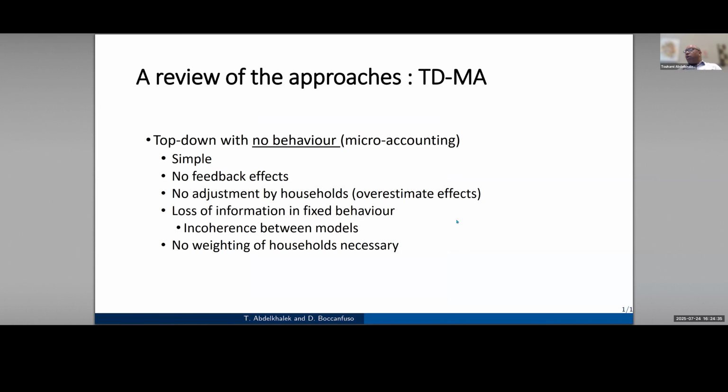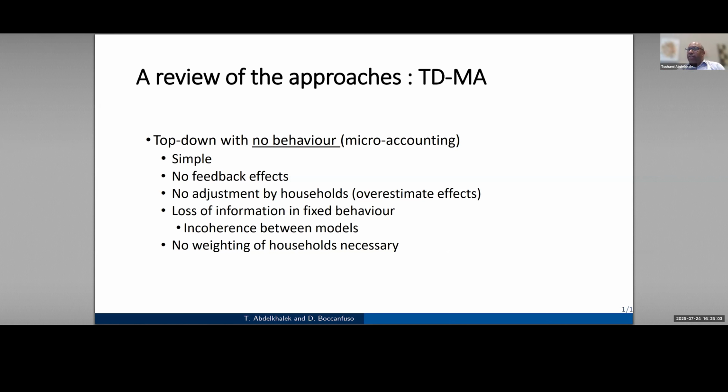Top down with no behavior is a micro accounting. This is what I told you before, a very simple approach, no feedbacks. From the top to the bottom of the model, no feedback effects, no adjustment by households. But generally, this approach overestimates the effect because it is like supposing the elasticity equals zero.